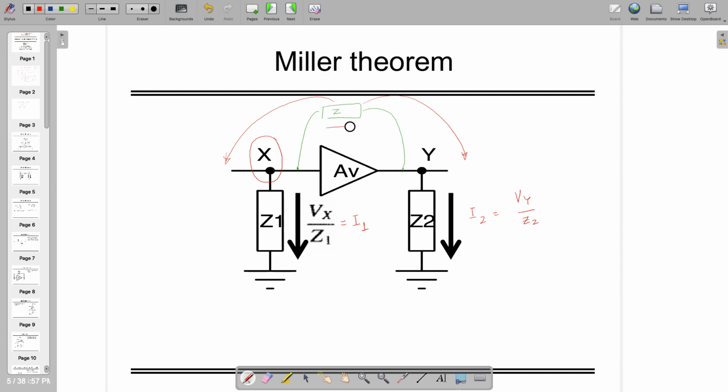And of course, we know that the current flowing through this impedance is equal to Vx minus Vy divided by Z. We are doing this for one reason, that there is a current flow from X to Y through impedance, but there is no current flowing in a reverse direction, as we know that the output impedance is very low and input impedance is very high, so it cannot go inside, right?